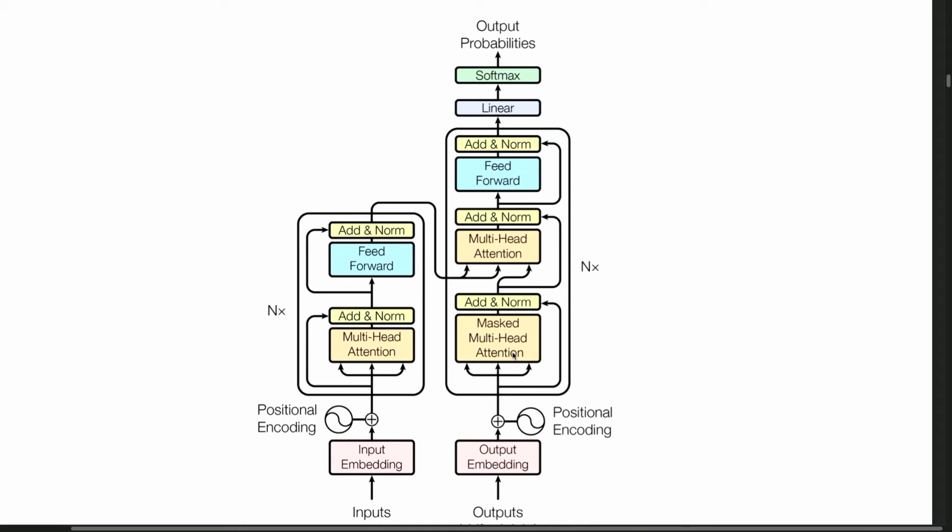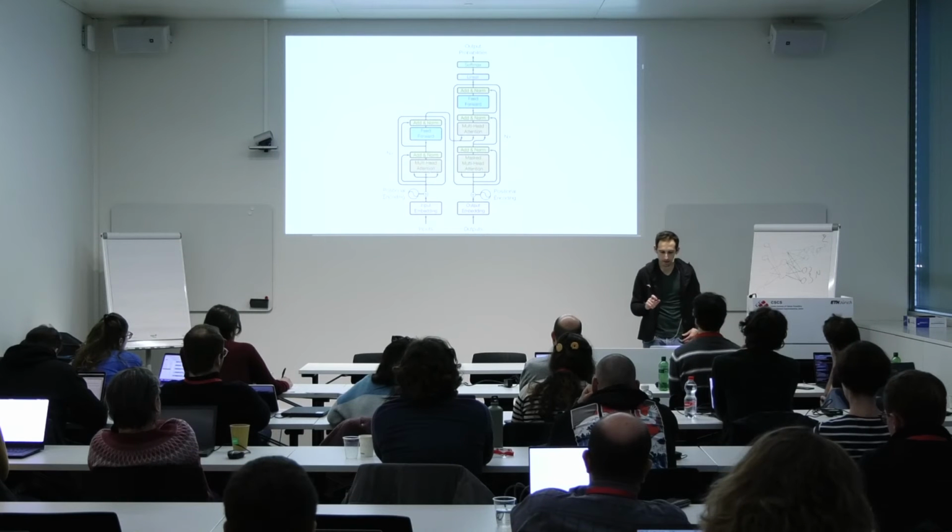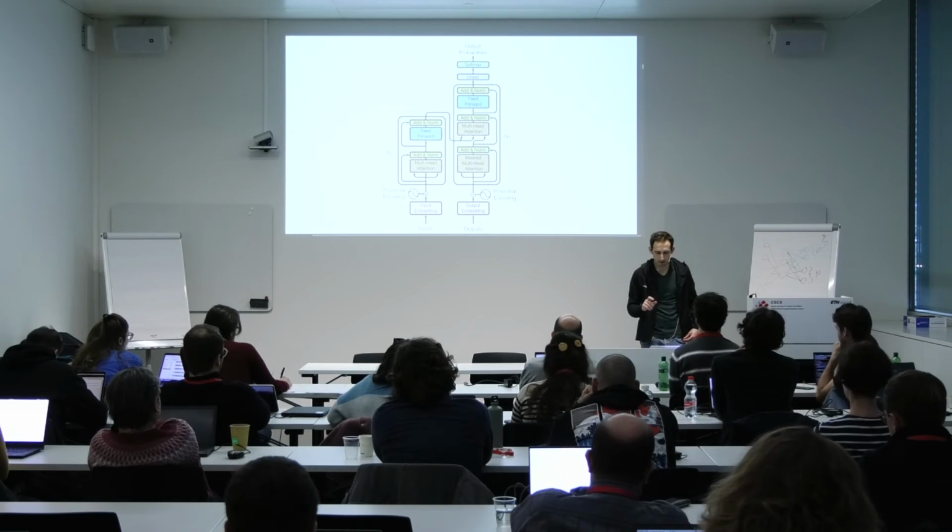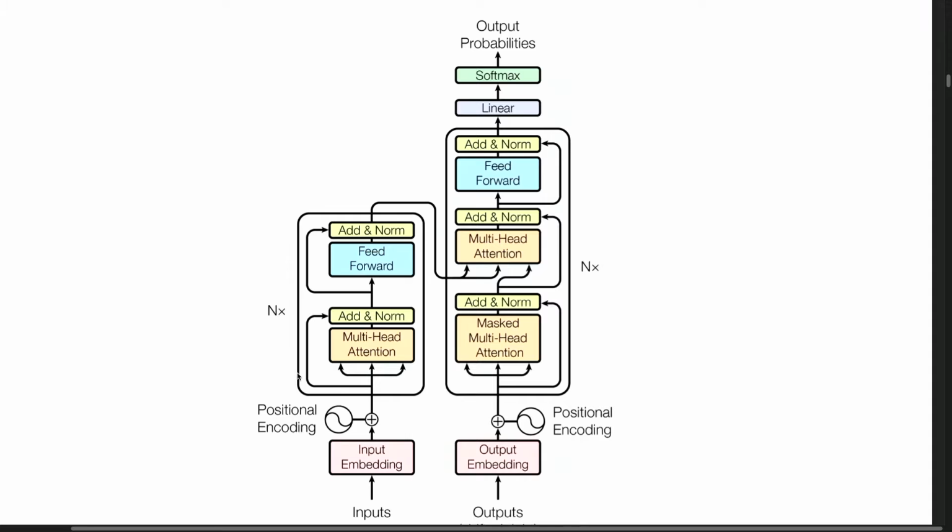So the idea that you were asking earlier is that when you are training a machine translation, so you're fine tuning for machine translation, for instance, you pass here a sequence in English, and here you pass a sequence in German.